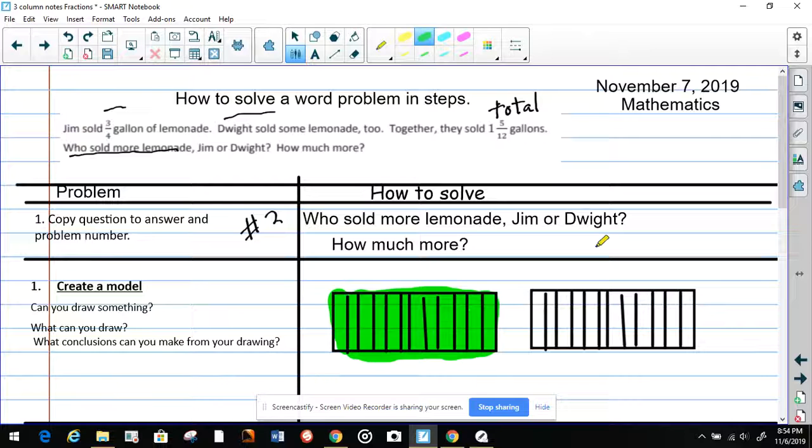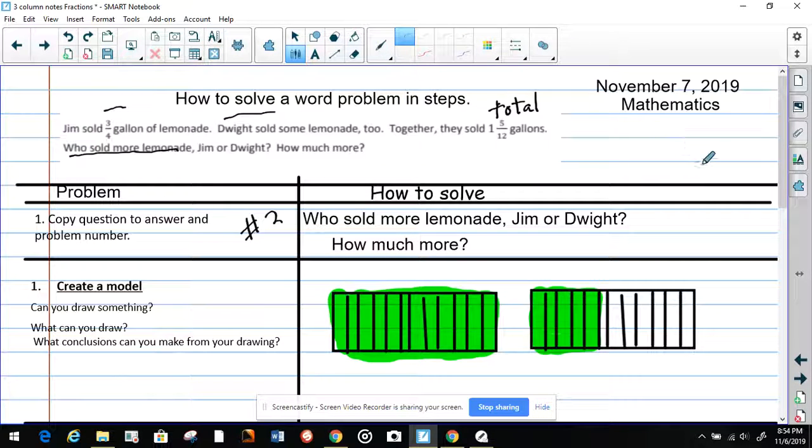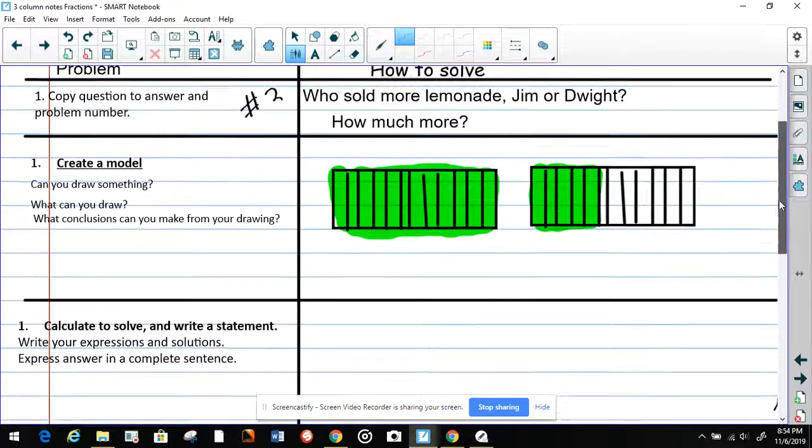Okay, I have a new tablet, so it's a little hard to color, but that's the 1 whole. And it says that there's also 5/12, so we have to color 5/12. So it's going to be 2, 3, 4, 5/12. Okay, there you have it. All right, now let's label everything. So when we label everything, it's easier to get the answers.